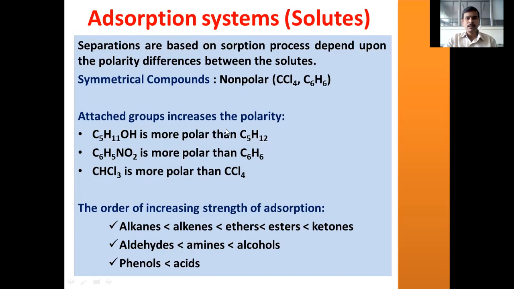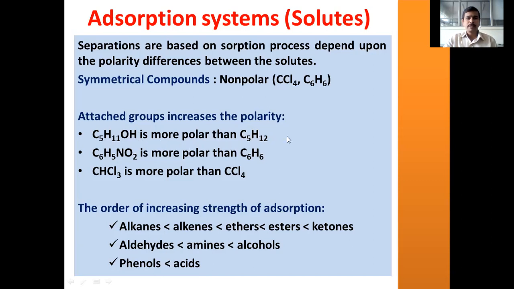C5H12, n-pentane, is non-polar because the same atom, hydrogen, has been attached to carbon. Hydrogen atoms attached to carbon are similar with respect to electronegativity, therefore this will become non-polar. So one hydrogen has been substituted by a hydroxy group, and this hydroxy group becomes responsible for altering the polarity.